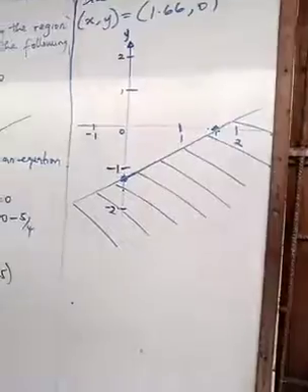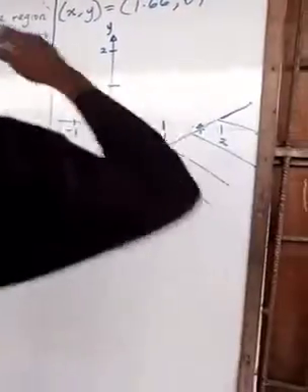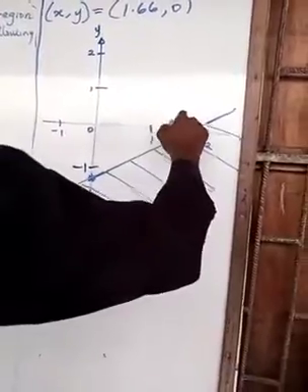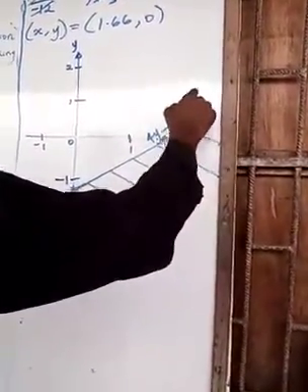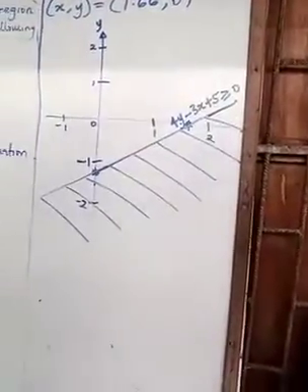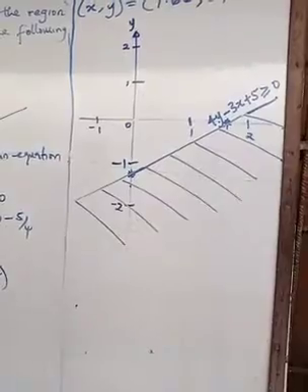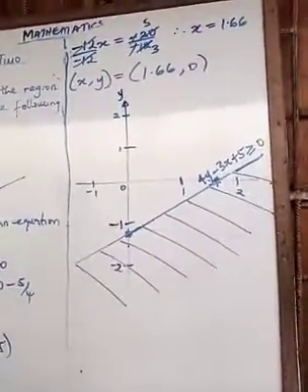So that means the solution to this inequality is above this line, and that's 4y minus 3x plus 5 greater than or equals to 0.